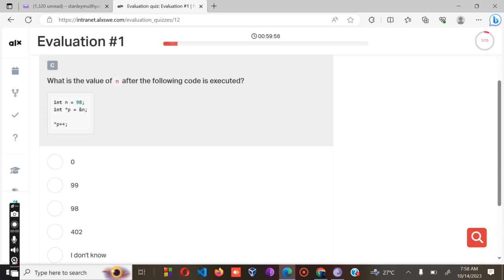Number one, the question is, what is the value of n after the following code is executed?